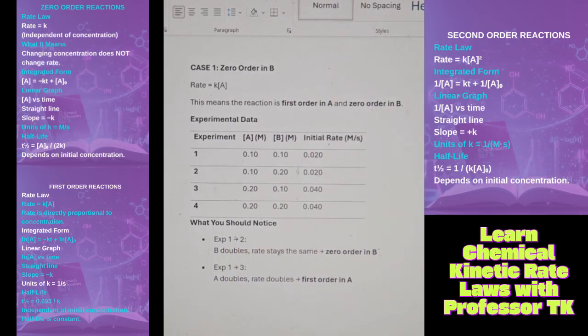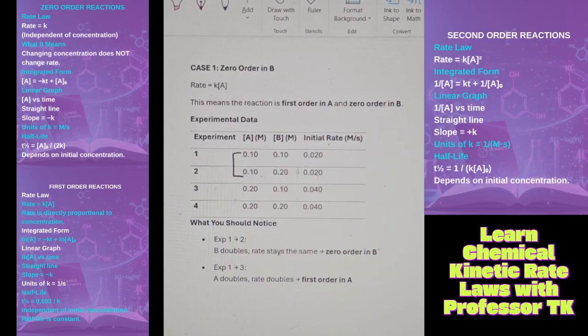Take a look at this first case scenario. 0 order for B. Let's look at it. Here's how you could think of it. When you have first order in A and 0 order in B, this means that when you look at experiments 1 and 2, notice that your B doubled, but your rate remained the same.